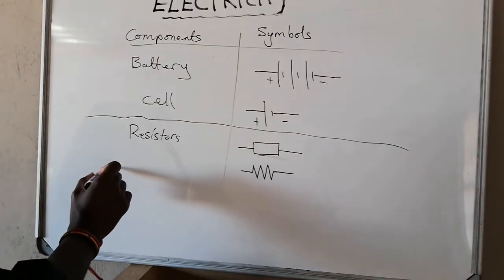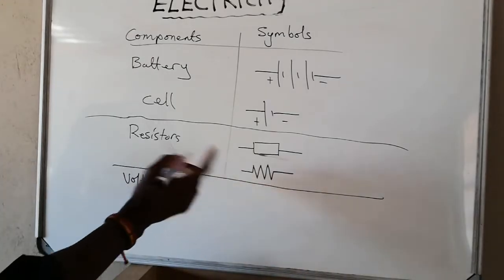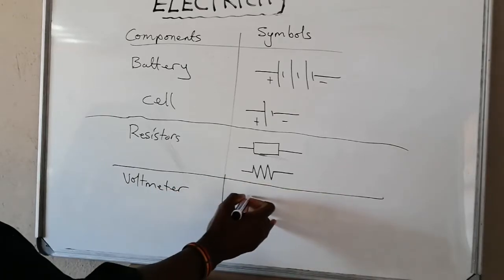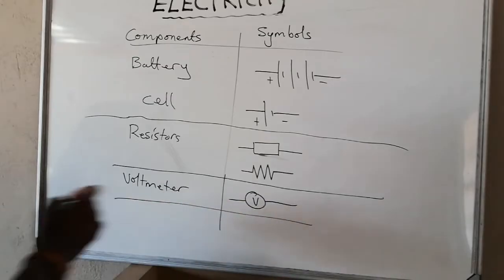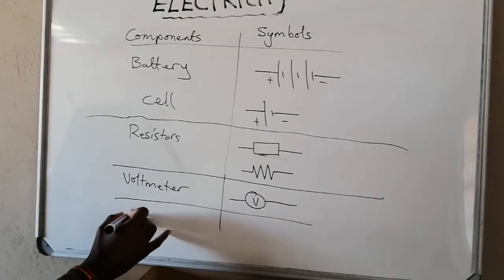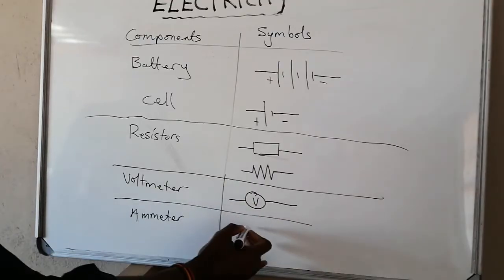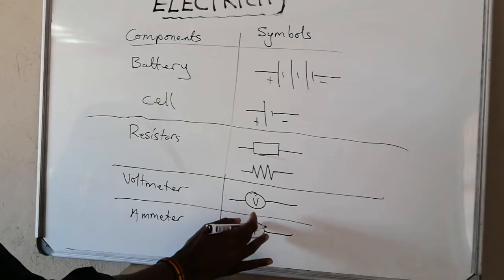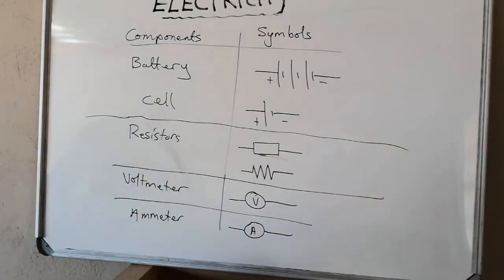And then also, like I mentioned, the voltmeter, we already saw the symbol they use to just be with a V inside. An ammeter will be with the letter A inside there. Okay, maybe a switch.